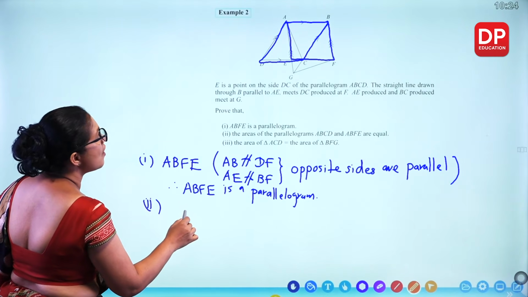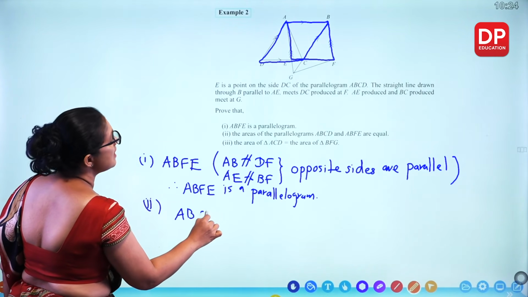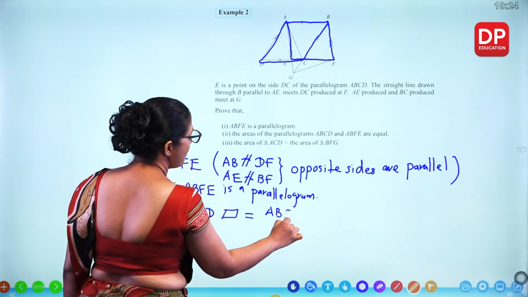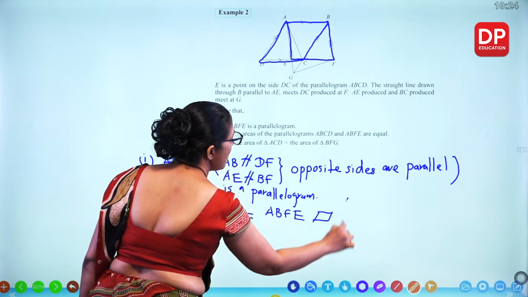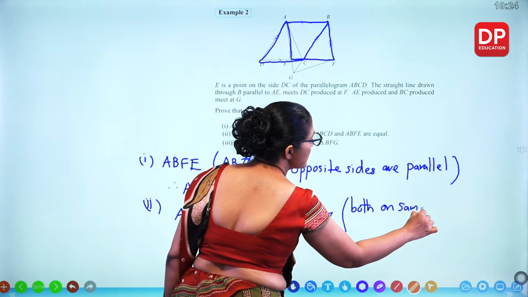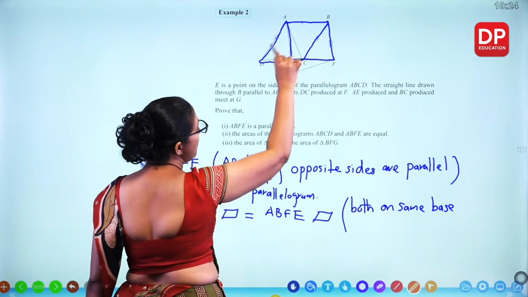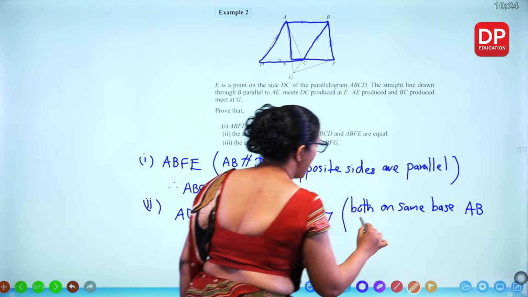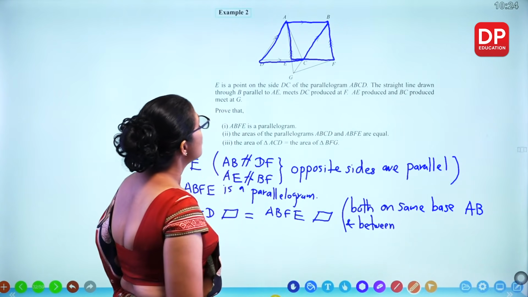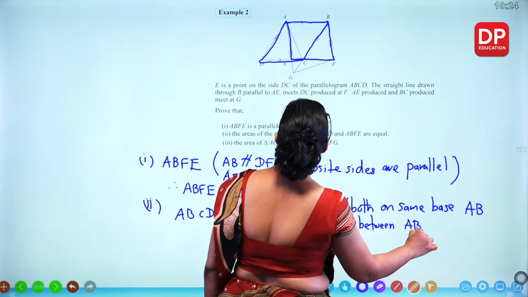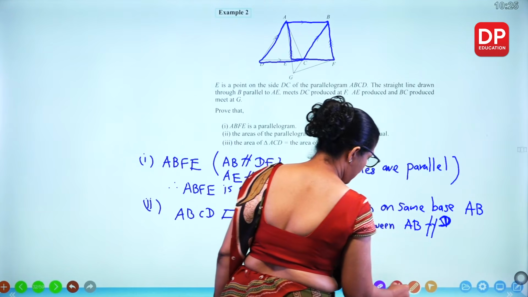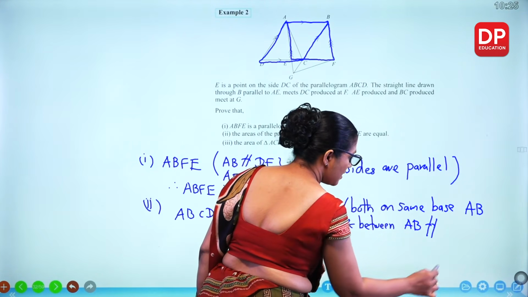We can straight away write down: ABCD parallelogram area is the same as ABFE because both are on the same base AB and in between the same pair of parallel lines AB and DF.